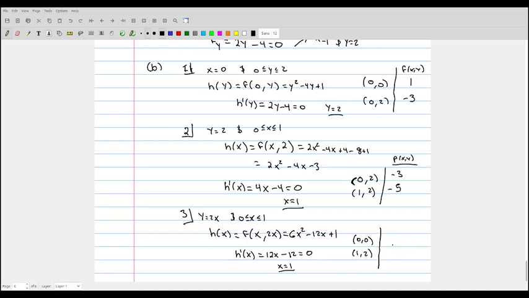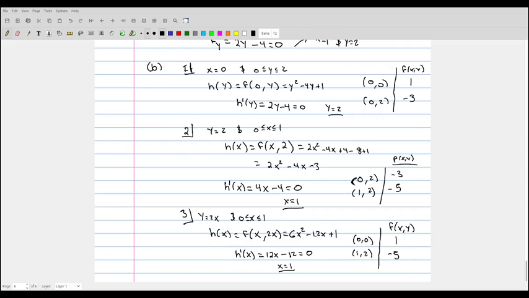You always have to compare the boundary to the interior critical point, but this is a nice example because it's giving us the same result. It's giving us a boundary point as well as this interior critical point, but you always have to compare these two values. So at 0, 0, the function we've already evaluated, it's 1. And then at the point x equals 1, y equals 2, the function is negative 5.